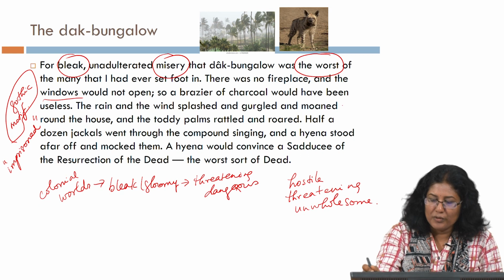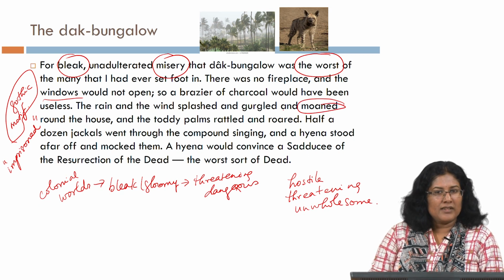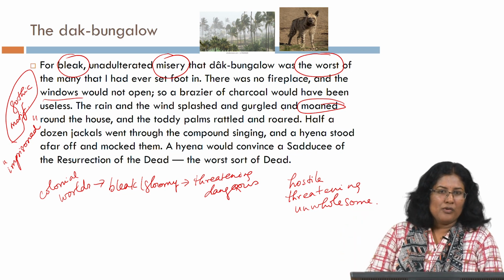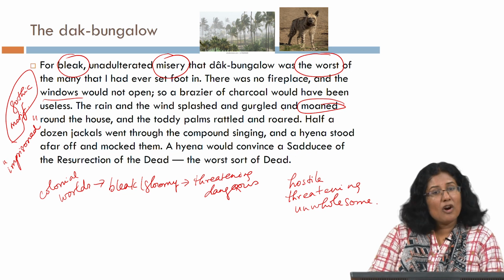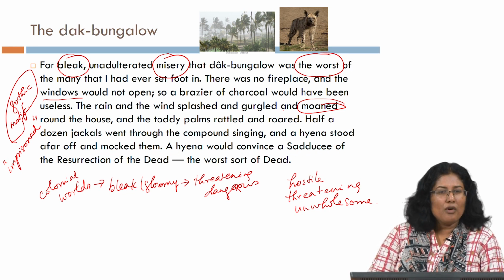Look at the word moaned, which is very interesting in the context of this Gothic story, because at the beginning of the story we saw a variety of ghosts being listed out, and who are haunting the passageways of the Indian roads. So moaning immediately makes us think about all those hauntings, and the toddy palms, the trees, kind of rattle and roar in the wind.